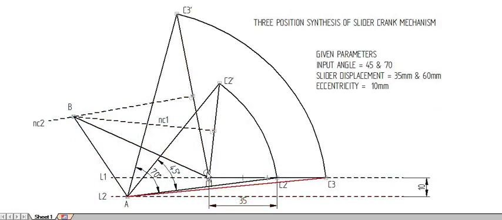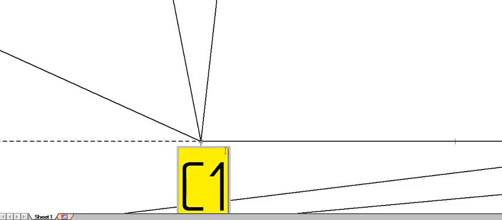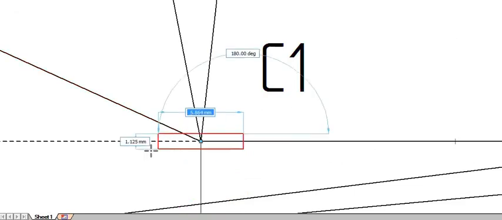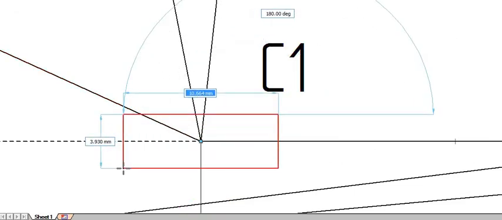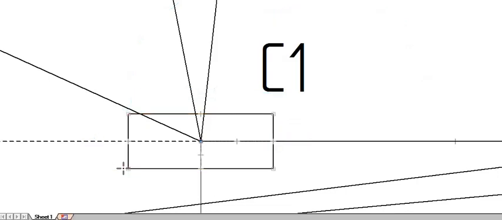So I have to show the fixed link and the slider. So I am drawing a rectangle. Showing this line as a blue one.